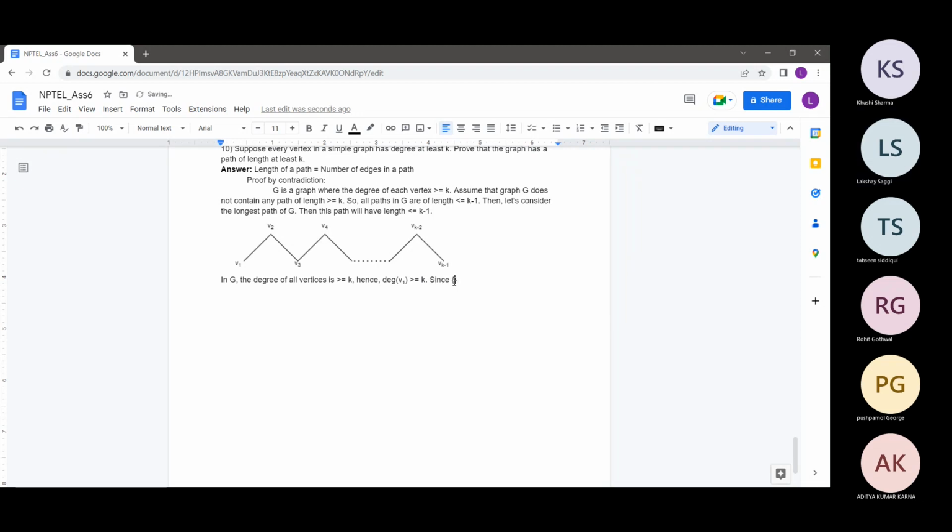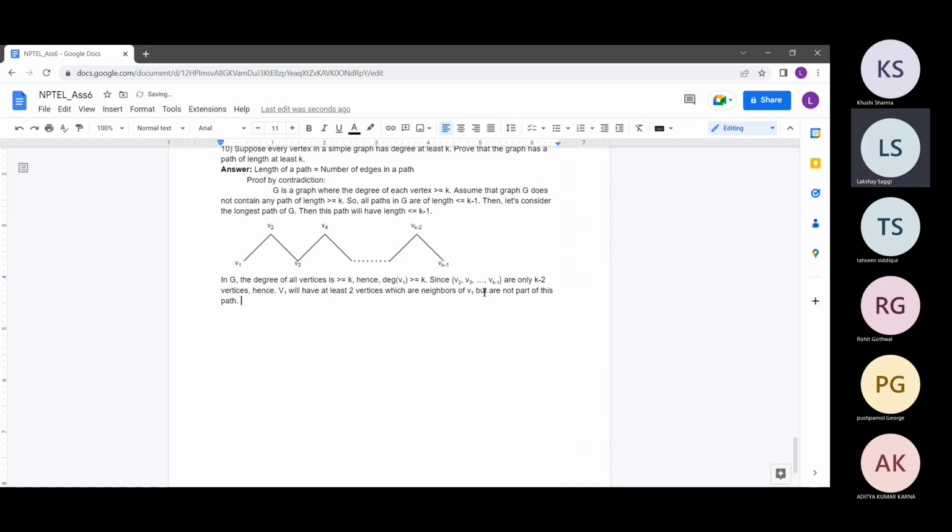Since V2 to Vk minus 1 are only k minus 2 vertices, V1 will have at least two vertices which are neighbors of V1 but are not part of this path.